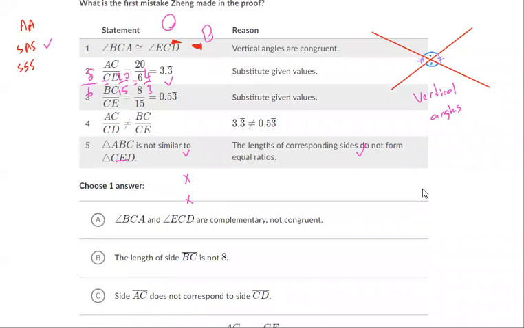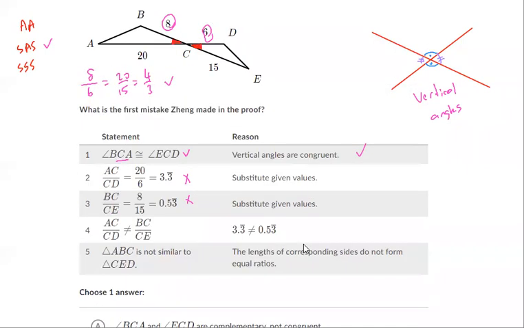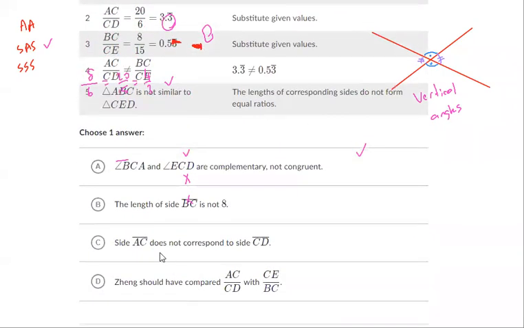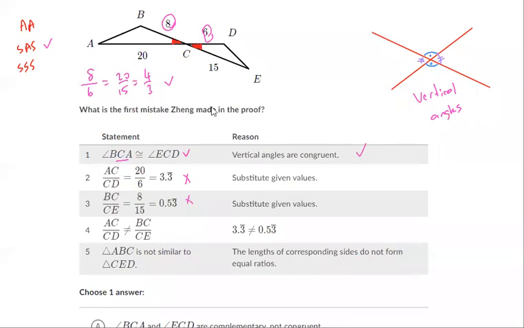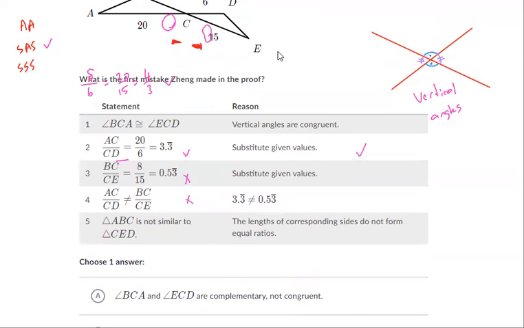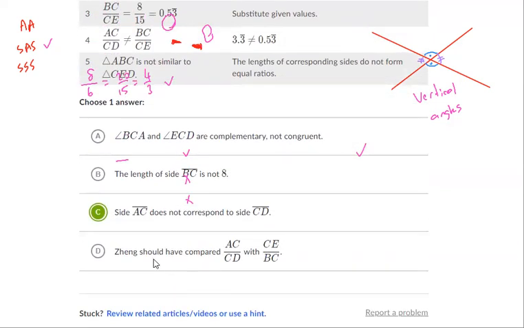Okay, so let's look at what we have. The angles are complementary, not congruent? No, that was correct. They are vertical. And the side BC is not 8? BC is 8, that's correct. Side AC does not correspond to CD. Okay, this is correct. AC doesn't correspond to CD, right? It corresponds to CE, and then he should compare these two. It says choose one answer, like AC and CD.